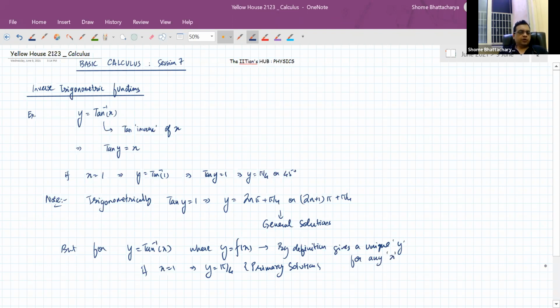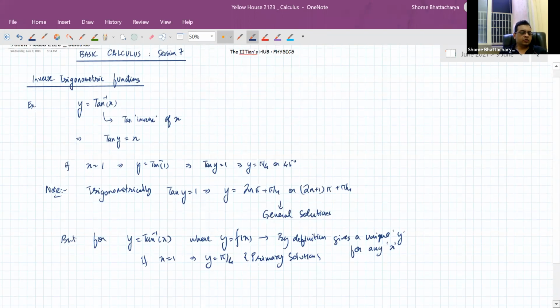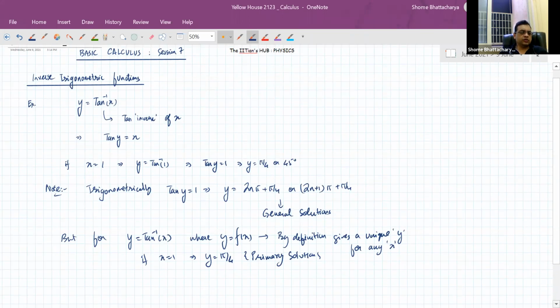Okay, so that is just one key point to understand: the difference between writing a trigonometric equation tan y is equal to 1, which has multiple solutions, or writing specifically a function y equal to tan inverse x with x equal to 1, which will give us only the primary solution, because by definition a function must give us unique values. Okay, so hope this point is clear to all of you, and just make a note of this.